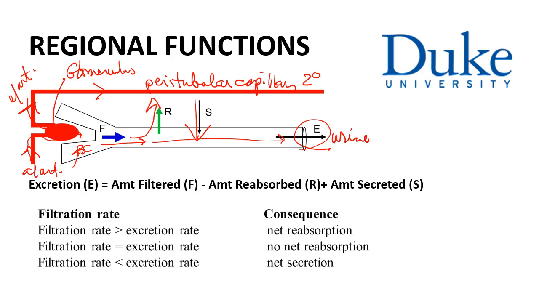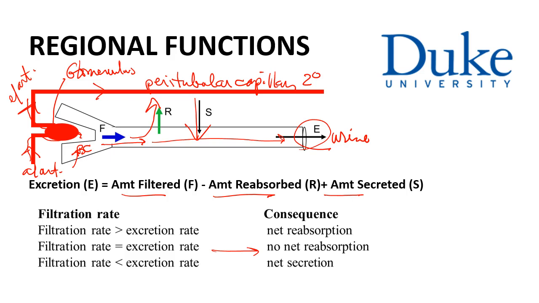So excretion then will be the amount that's filtered minus the amount that's reabsorbed plus the amount that is secreted. Now, a couple of terms. One is that if the filtration rate of a substance is equal to its excretion rate, then we have no net reabsorption. Because we can't actually measure reabsorption and secretion for any given substance, what we talk about then is the net handling of the renal tubule.